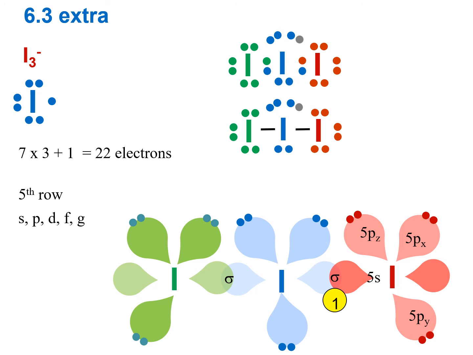Well, it's sharing a pair of electrons with the iodine on the right, so there's 1 set of electrons. It's sharing a set of electrons with the iodine on the left. There's a 2nd pair. And then it's got this lone pair down here at the bottom. There's 3 sets of electrons. And then we have the 2 sets up at the top. So this central iodine has to find homes for 5 sets of electrons.